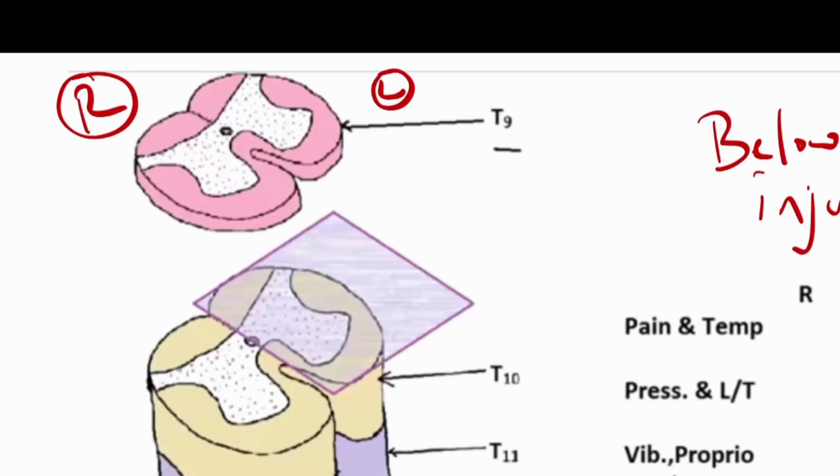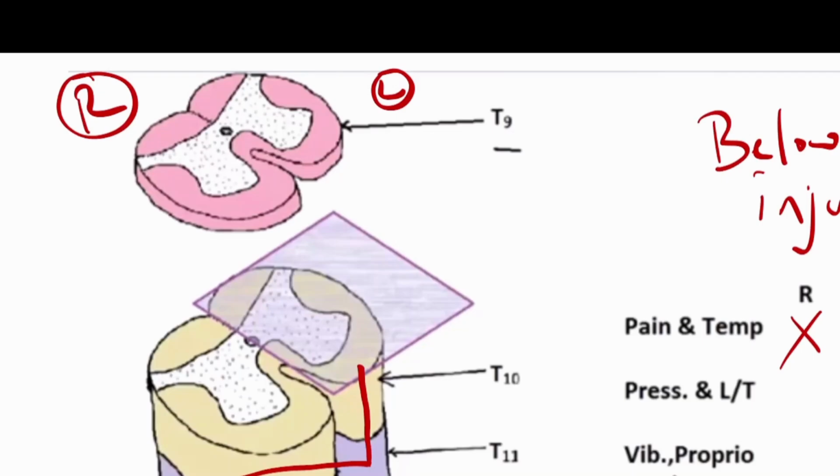Pain and temperature. On the right side of the body, will this patient be able to sense pain and temperature below the injury? No, they will not. Because pain and temperature comes in, remember it crosses over, and then it goes up.